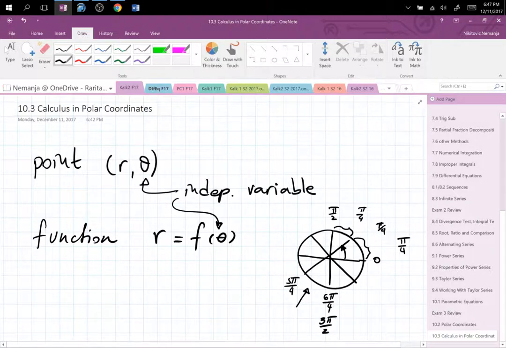Even though it looks the same as any other slice, with pi over 4 in its angle, the location of that slice is different.